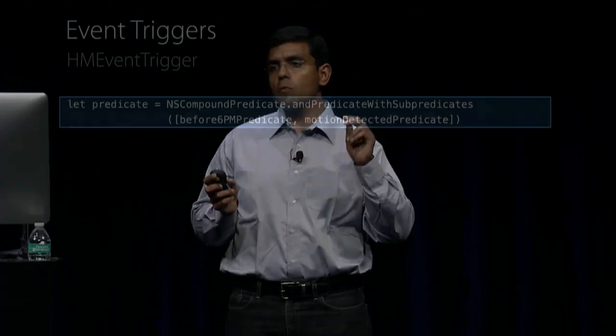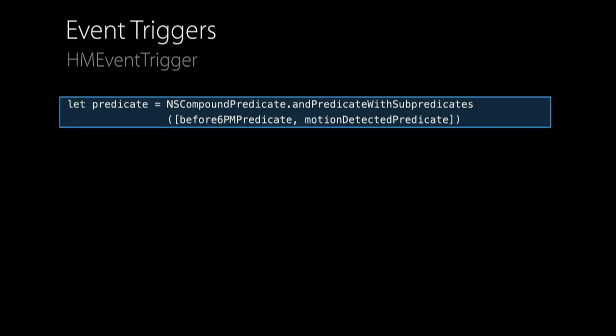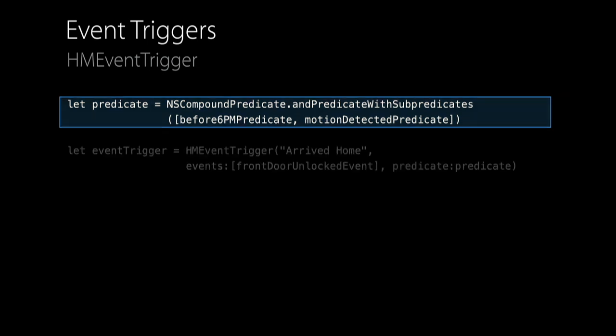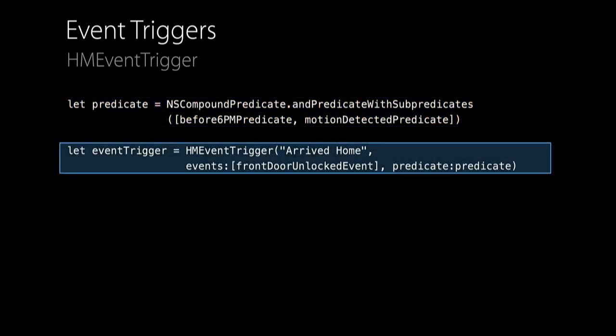First thing you need to do is create a compound predicate, because we want both our conditions to be ANDed and evaluated. Both have to be true for us to execute our scene. For that, just use NSCompoundPredicate andPredicateWithSubpredicates and specify the two subpredicates that we just created earlier.